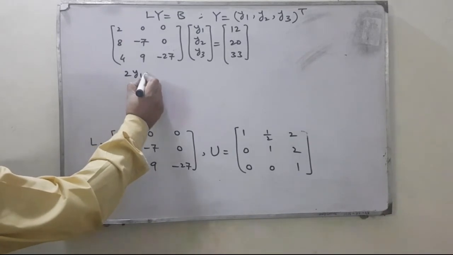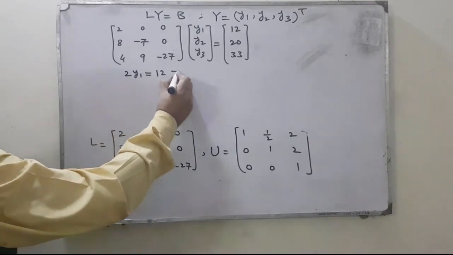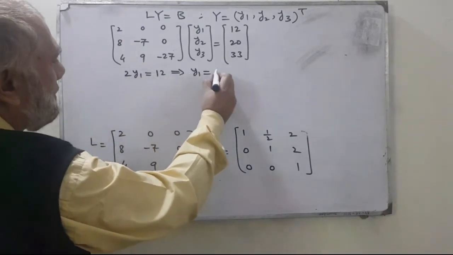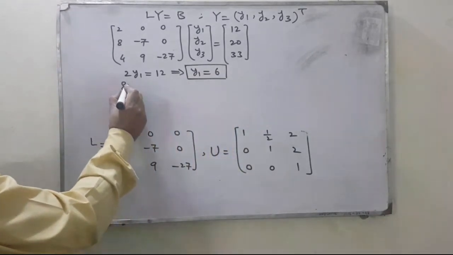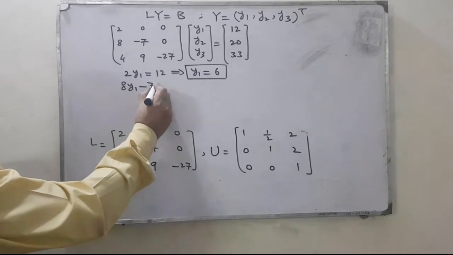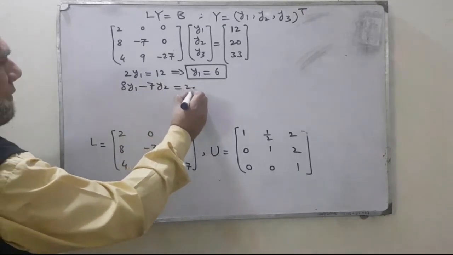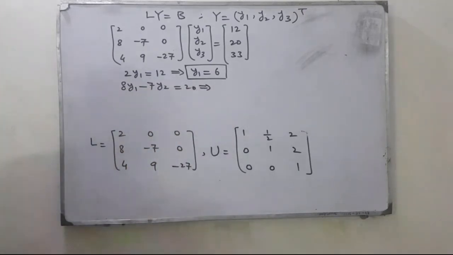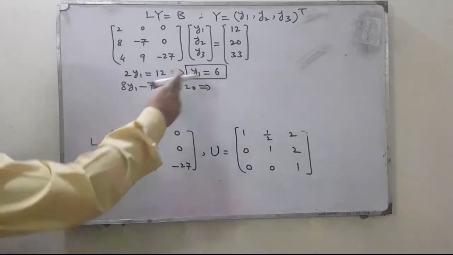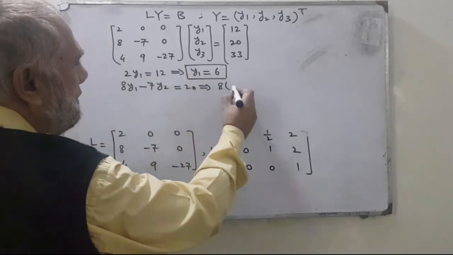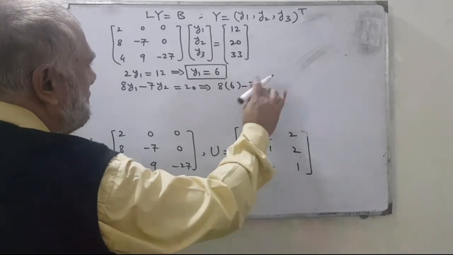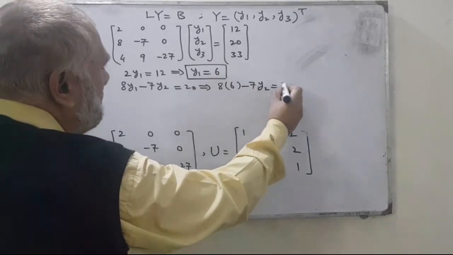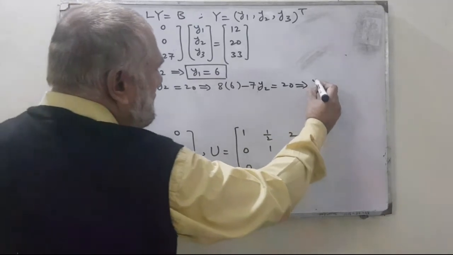So from the first we get 2y1 is equal to 12. From here we get y1 is equal to 6. From the second we get 8y1 - 7y2 is equal to 20, by forward substitution. Putting the value of y1 from here, we get 8 times 6 minus 7 times y2 is equal to 20.